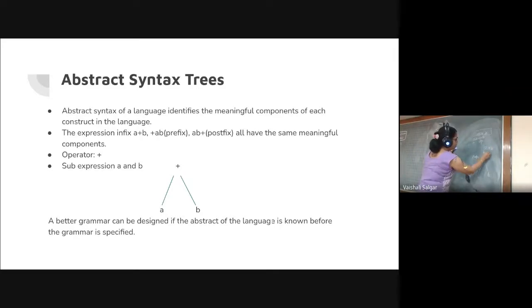Now if I want to represent the prefix equation, I have the plus operator first. When you do the representation of any equation in the abstract syntax tree, it will read the operator. After reading the operator, I think all of you have heard about the queue and stack concept.